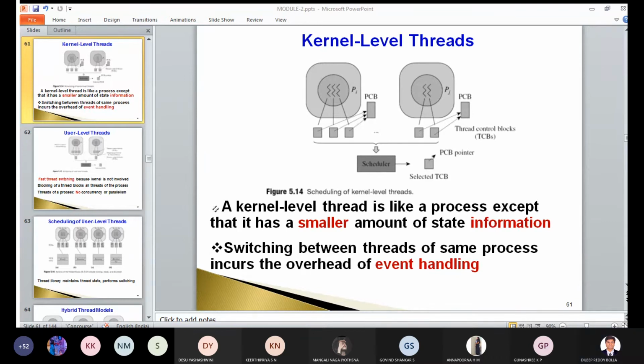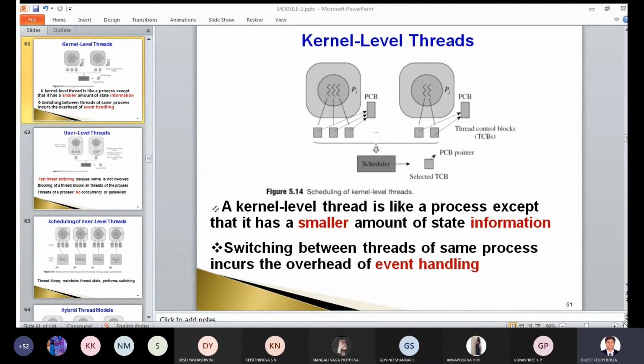After that, it will save the context of the process to which the interrupted thread belongs. All the data goes to the PCBs, the process control blocks. The PCB is going to verify whether this came from the same process or not.